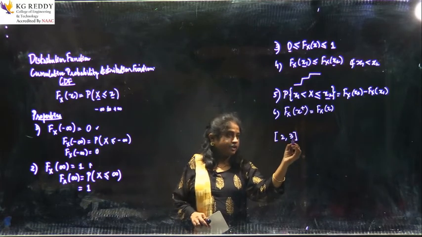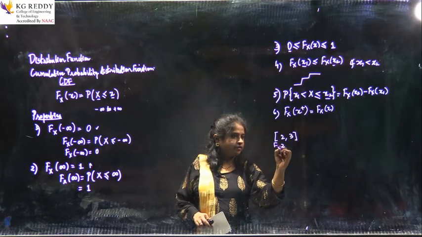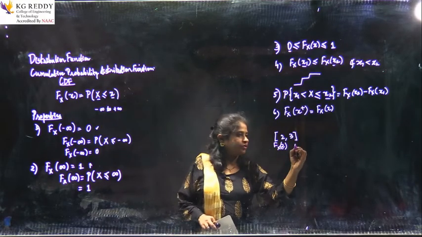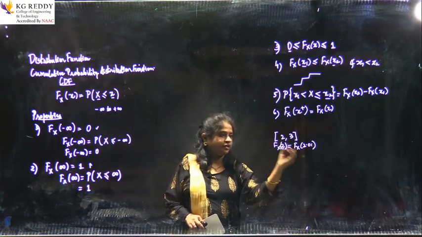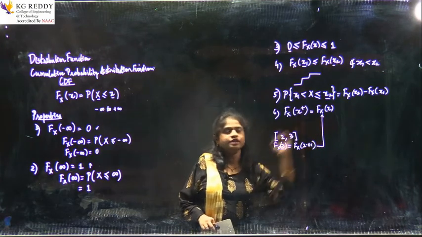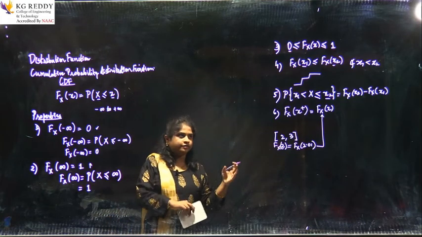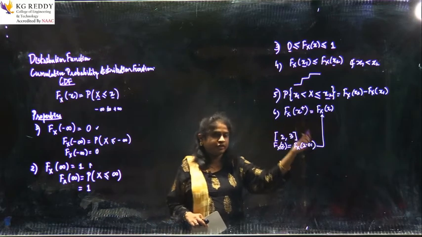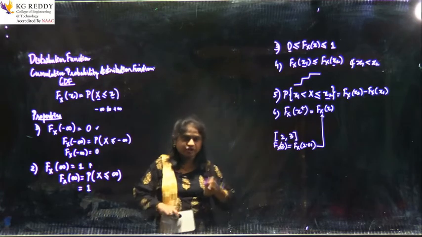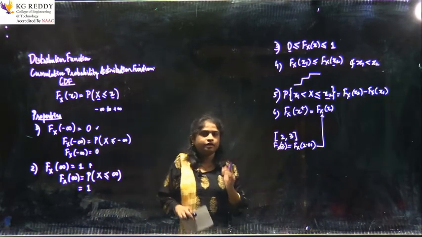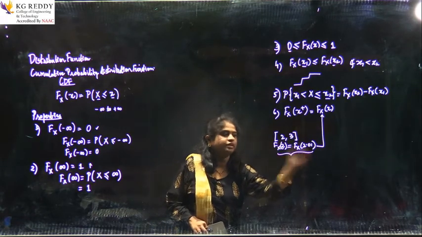In this interval, I know f(x) of 2, and I want to calculate f(x) of 2.01; both will be equal. Practically, whenever we are calculating with a continuous random variable, a little incremental distribution function will be equal to the distribution function just beside it. So both will be equal, that is the meaning.